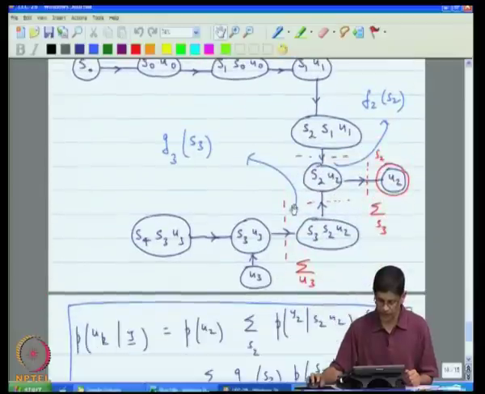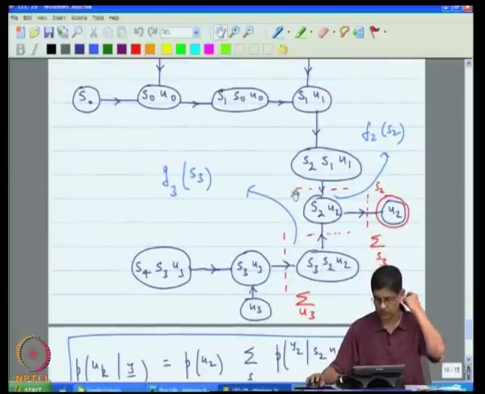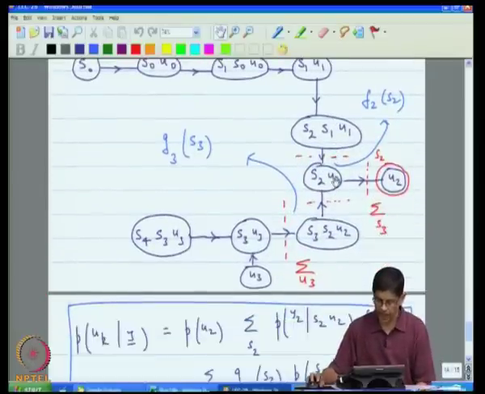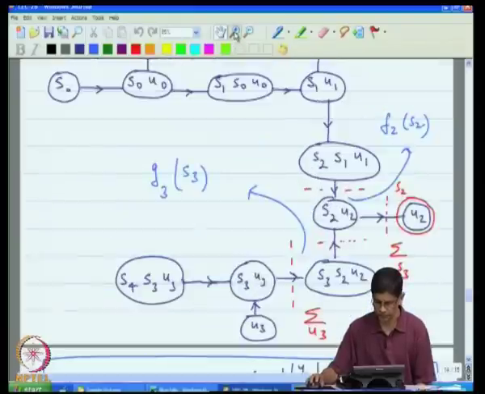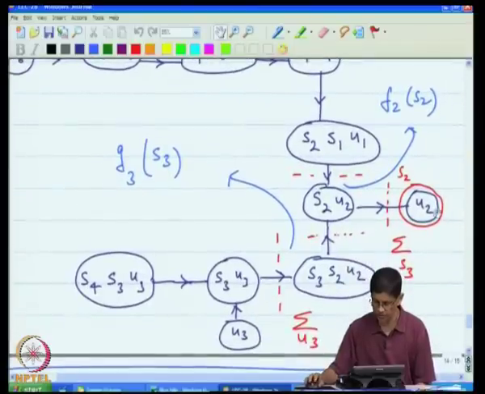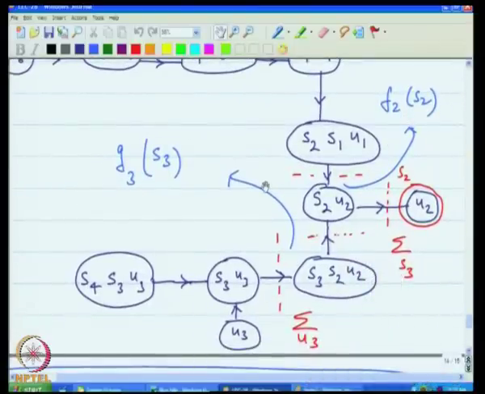So, both forward and backward are matrix multiplication steps, and then the final step is to actually compute the objective function. So, let us say that you want to compute this, and at this point you have access to F2 of S2 from this side and G3 of S3, and you want to compute the objective function.